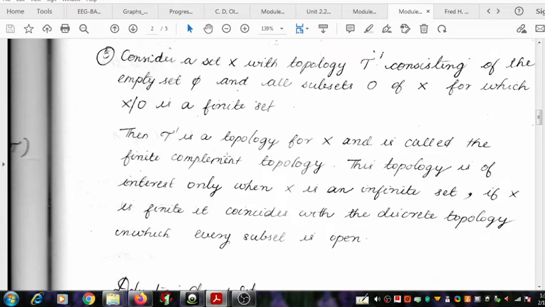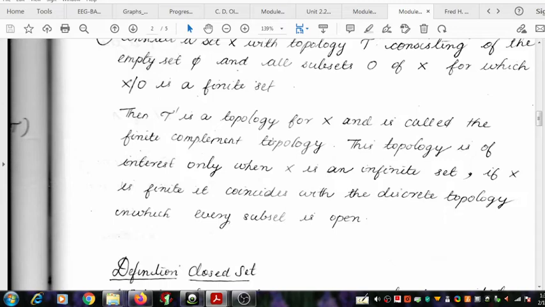Remember, for a subset of X to become a member of the topology, the condition that its complement must be finite is satisfied. That is why this topology is called the finite complement topology.